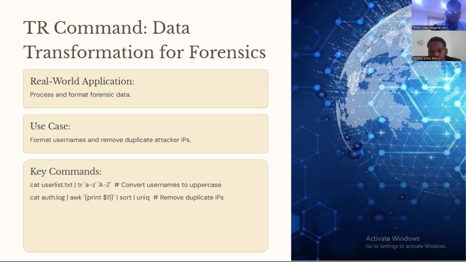You can go ahead with your TR. TR command and data transformation for forensics. So basically, TR is a very useful command that stands for translate. It is used for editing information, and there are multiple flags in TR, like -D, -S, -CD.